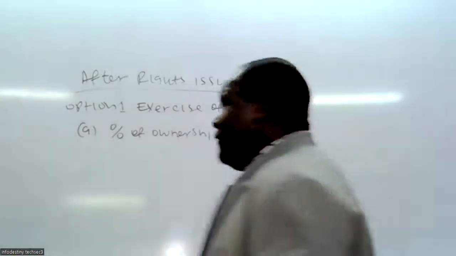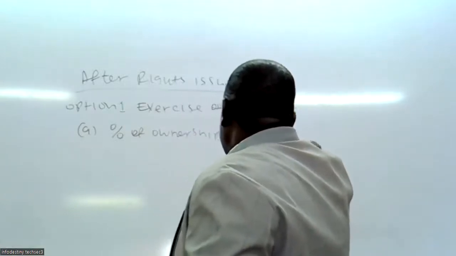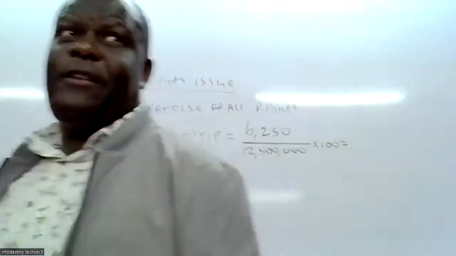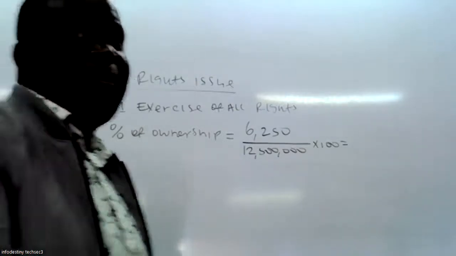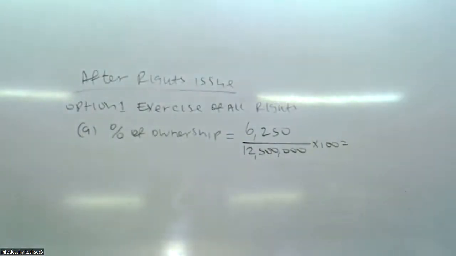It was 12.5 million. Remember that part. Total shares of the company after the right issue. So compute now that particular percentage of ownership.